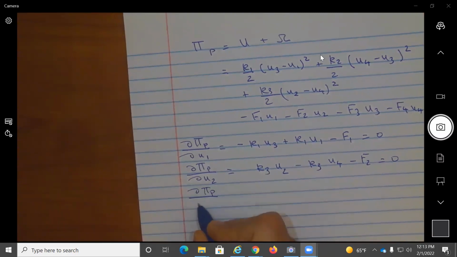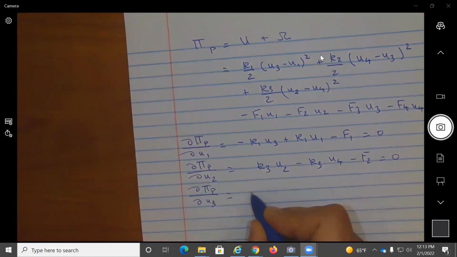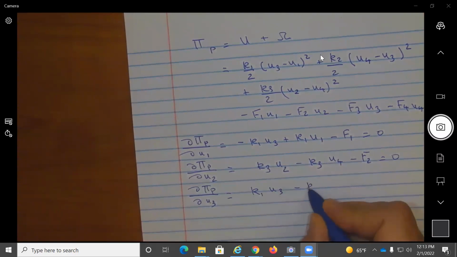For the partial derivative of pi p with respect to u3, I get here a k1 u3 minus k1 u1.